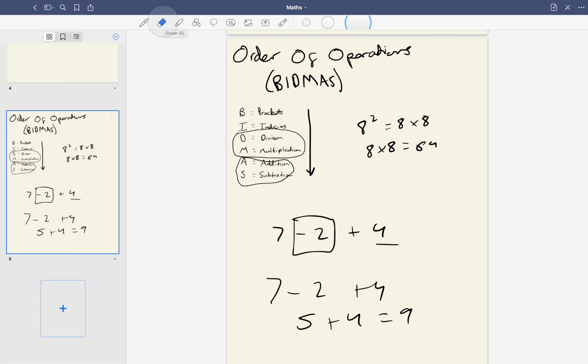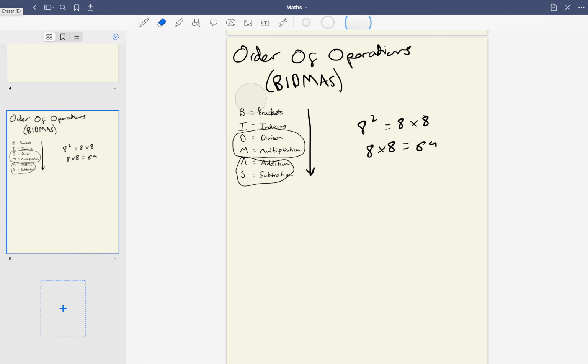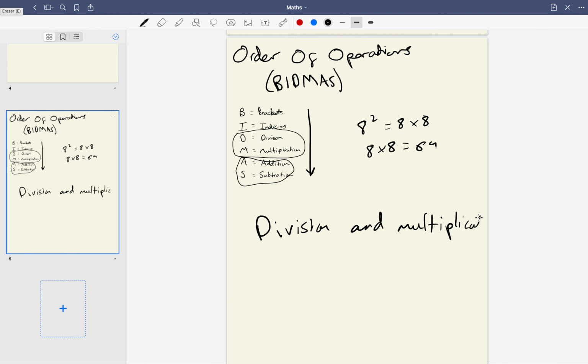Don't let this confuse you though. Don't let this make you think that brackets and indices are together, because they are not. These are not grouped together. It's simply division and multiplication, and addition and subtraction.